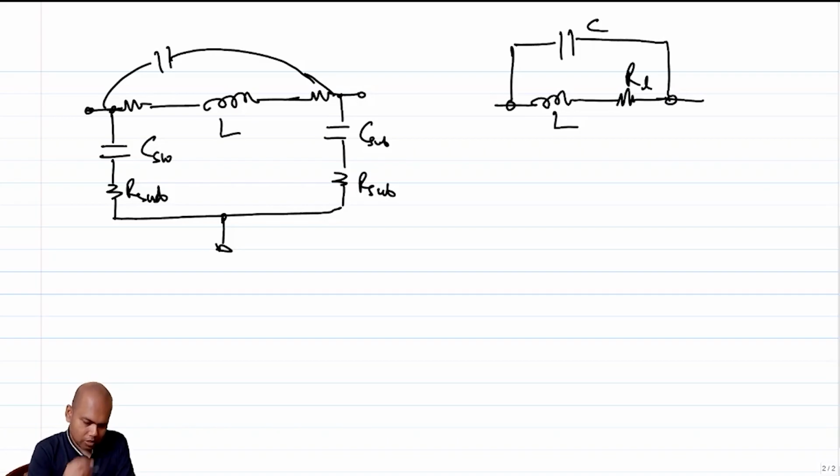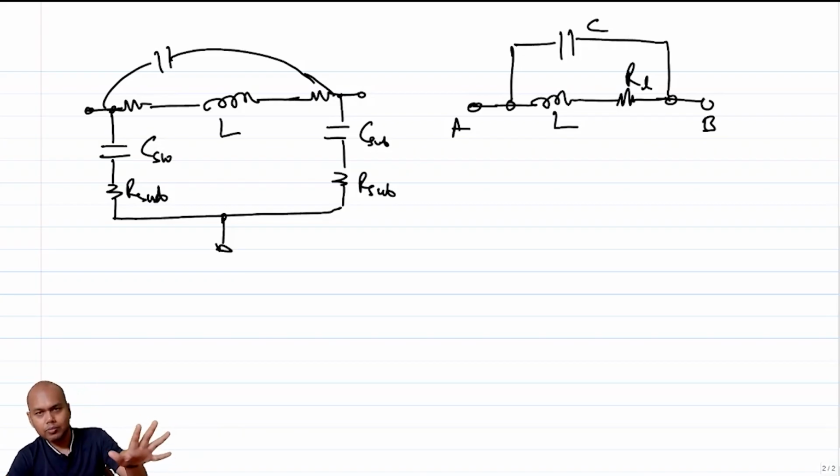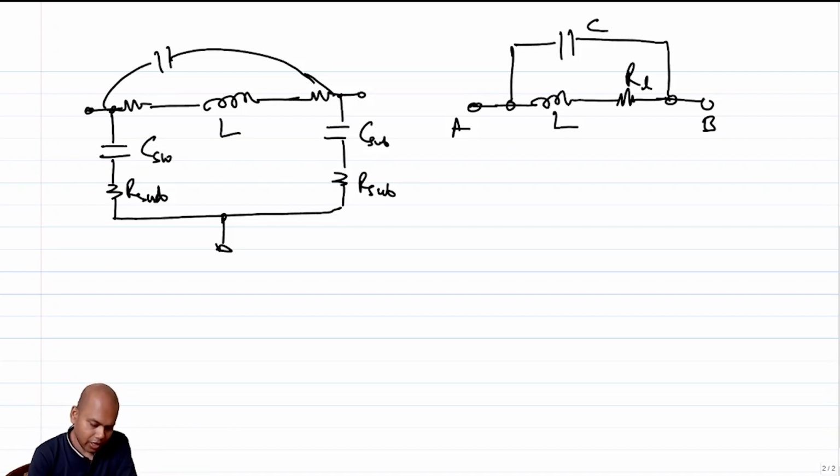So between these two ports, A and B, ideally I would like to see the impedance between these two ports to be j omega times L. But we have RL and we have C. So even if we neglect RL for the time being, what are we going to see across A and B?